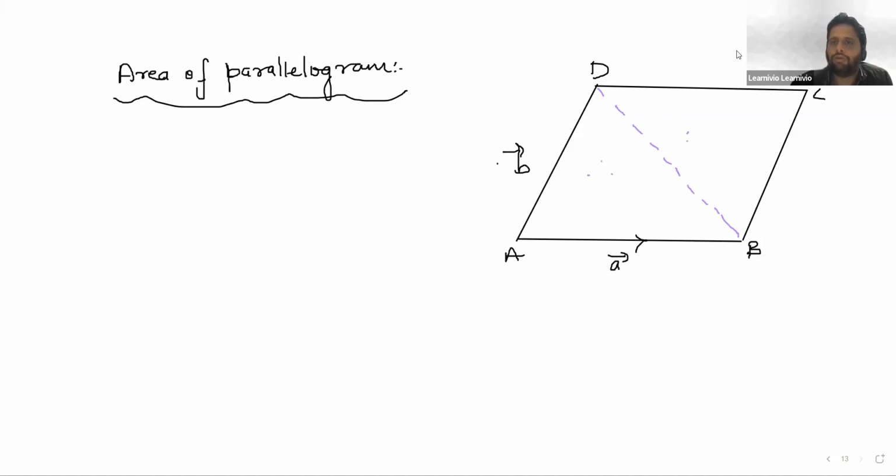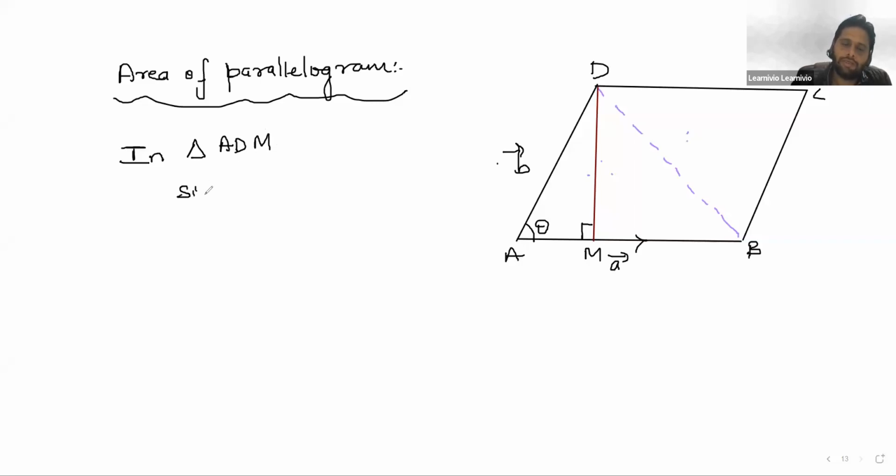Okay. Now I will draw a perpendicular from this to here. Now there are two vectors A and B, and the angle between them is, let this be theta. I have drawn a perpendicular here. Now in this triangle, let this be M, and triangle ADM.